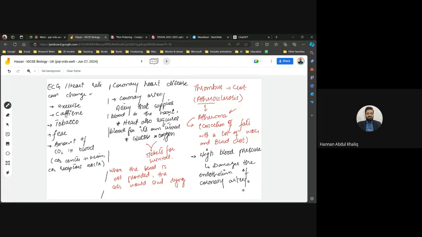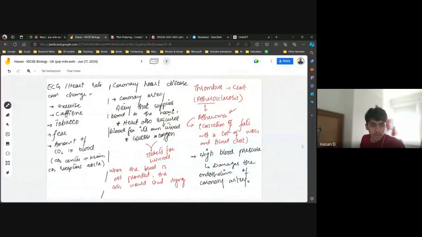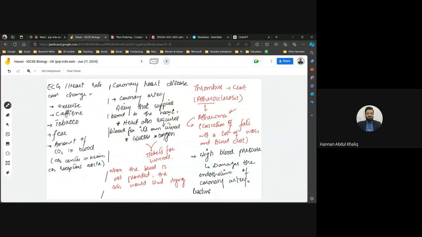Do you remember what endothelium is? It's the cell lining of the blood vessels, right? Yes, leading to atheroma formation.